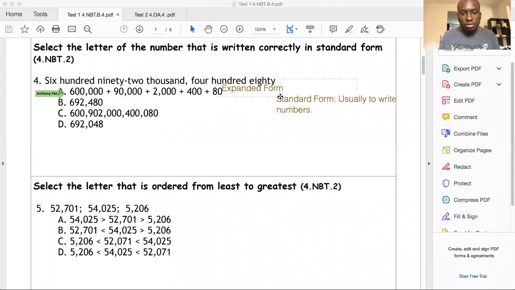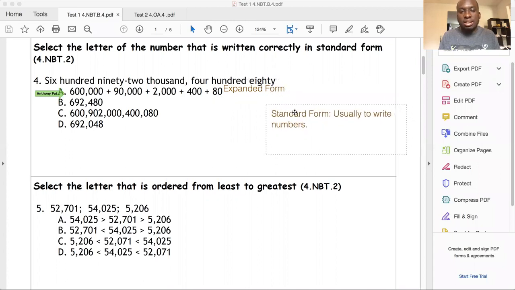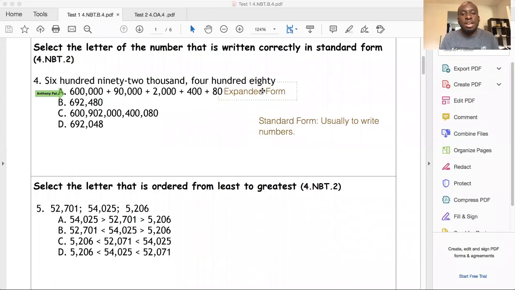Yes, that is considered expanded form, I'm sorry. And so standard notation is basically when I just want to write the numbers out as they already are.